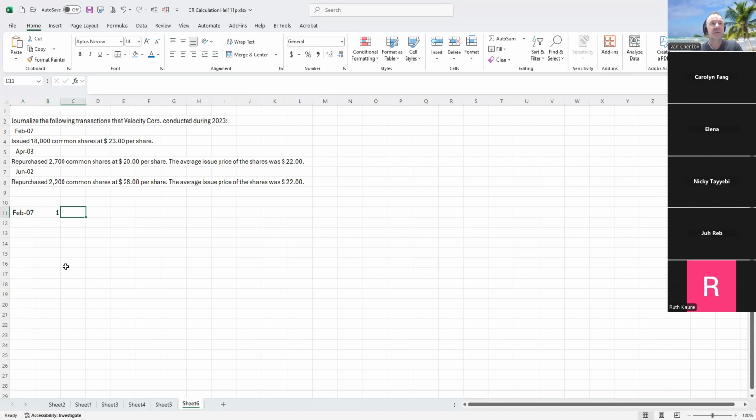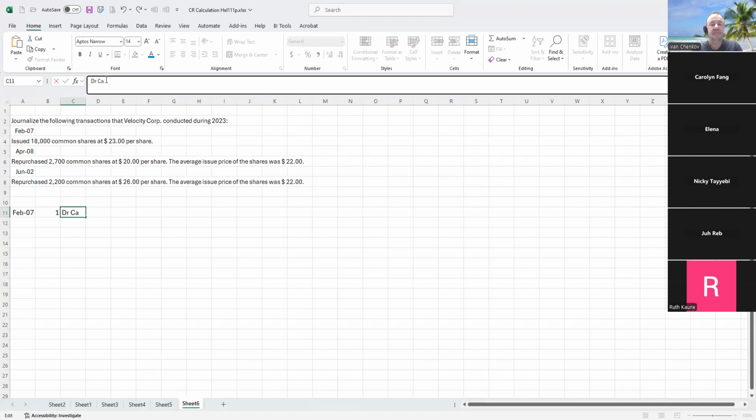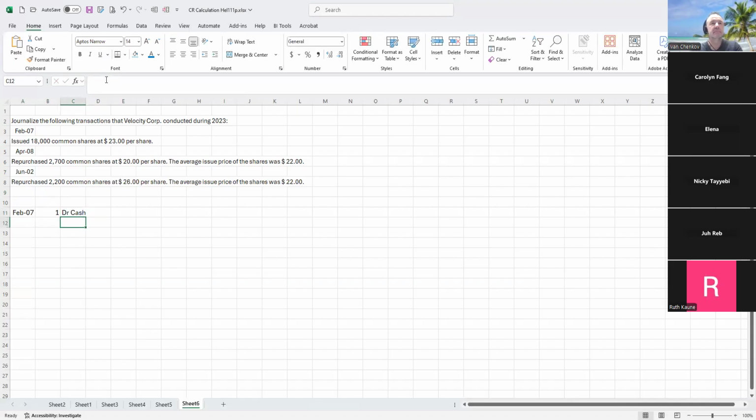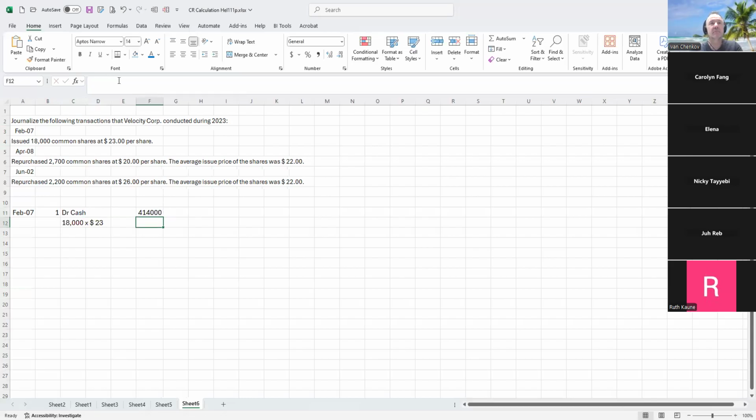There's our first transaction. What's going to happen here? Debit. We issue shares. What do we get? Cash. How much cash do we get? 18,000 times $23 per share. So we're gonna get 18,000 times $23.